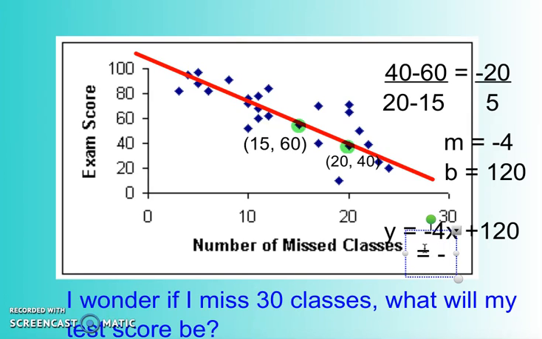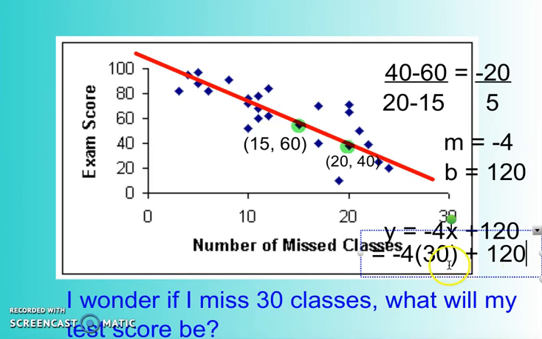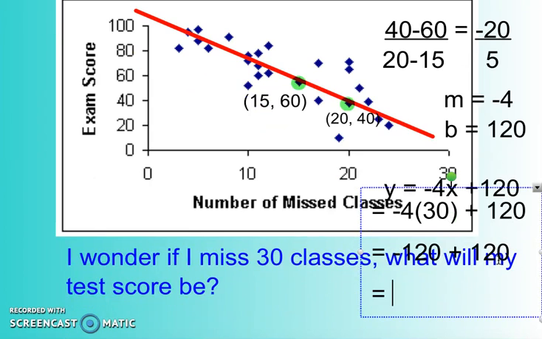Let's plug in 30 for x and see what our score would be. Well, negative 4 times 30 is negative 120, plus 120, and that means I would get 0. My score would be 0.